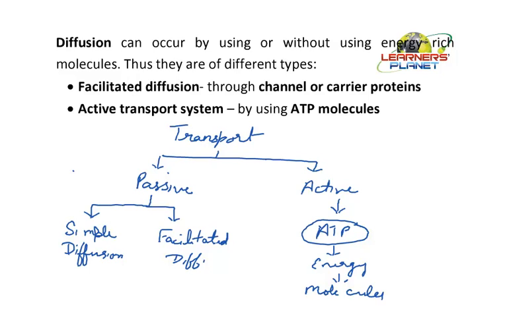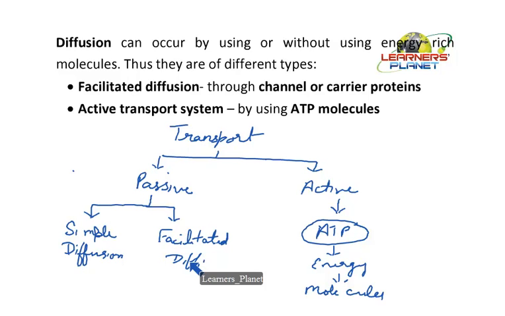It moves irrespective of the concentration towards either side. Whenever it is required, it takes place accordingly. So passive transport is the one in which energy-rich molecules are not utilized: simple diffusion, what we have studied till now.